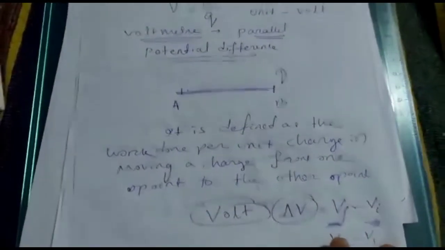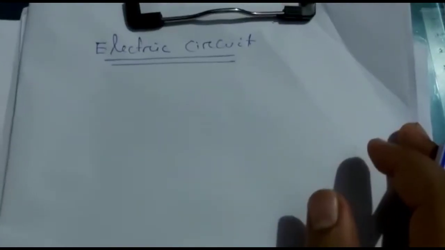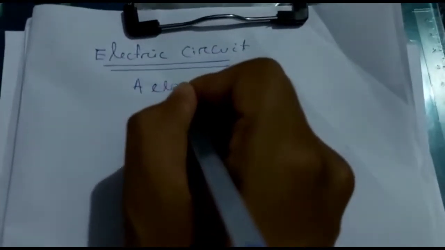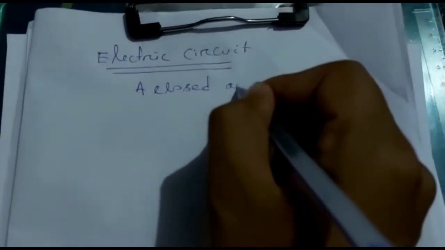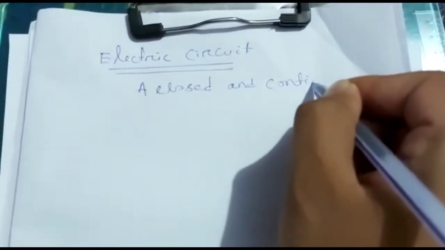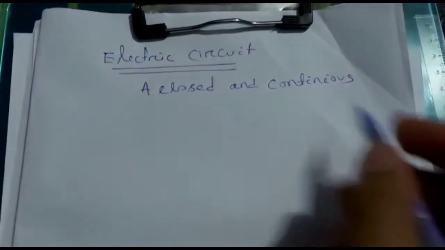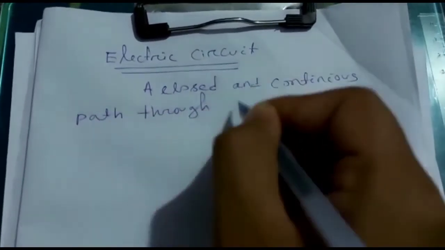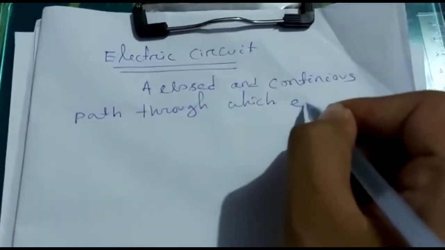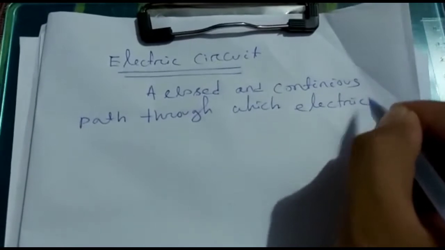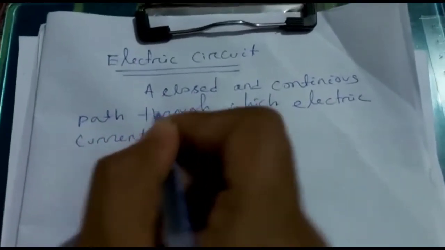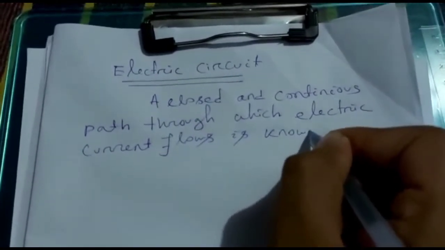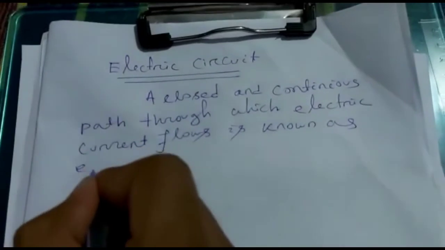Okay. Now we will discuss about electric circuit. Now what do you mean by electric circuit? A closed and continuous path through which electric current flows is known as electric circuit.